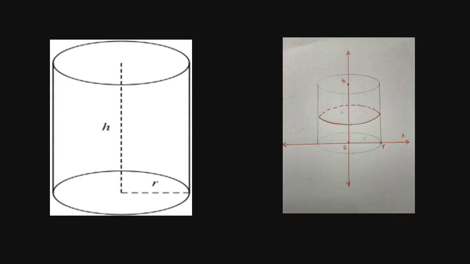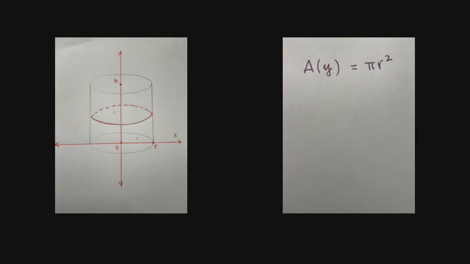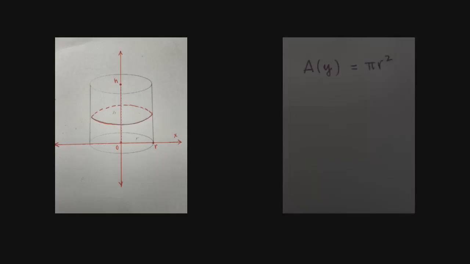Using the same concept with cross sections, we're going to cut the cylinder into slices of discs. The area of the cross section is A of y equals pi r squared because all of the cross sections are stacking up in the y direction.